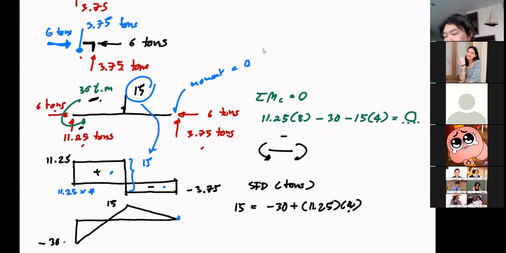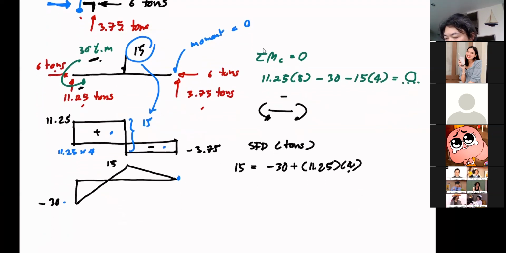Generally, this is the point where M equal to 0. This point is important because generally, if you can locate this, it is a favorable point for us to try to connect the members. Okay, thank you. So, no question, sorry.